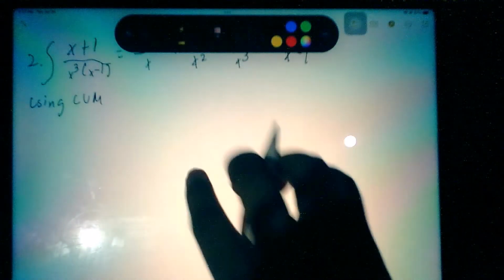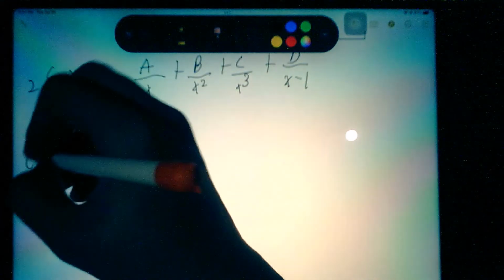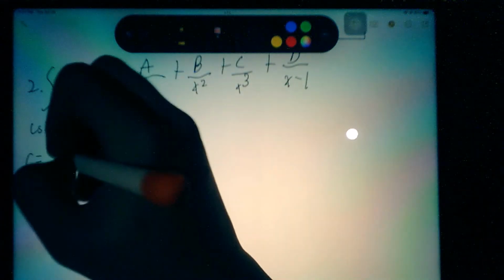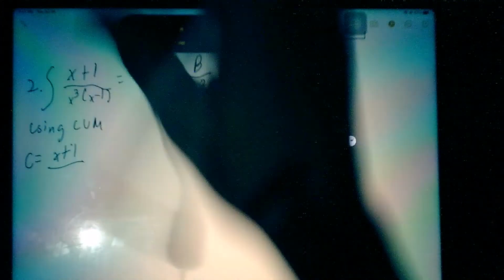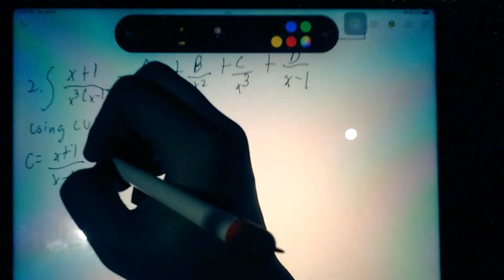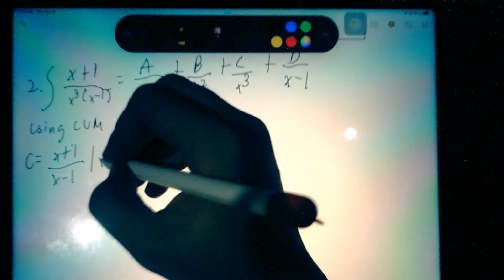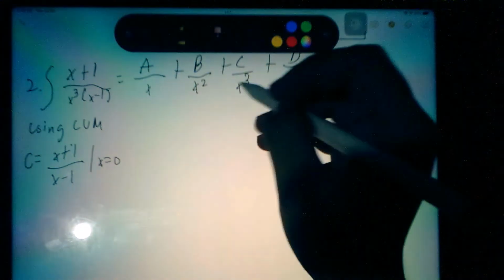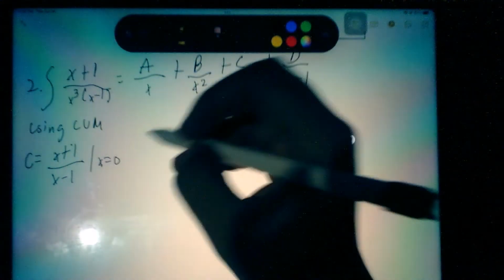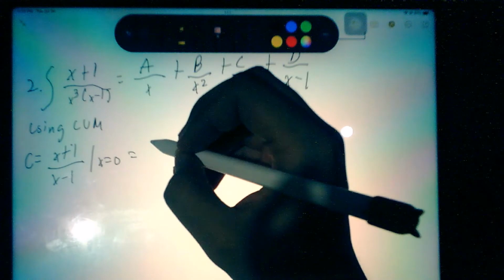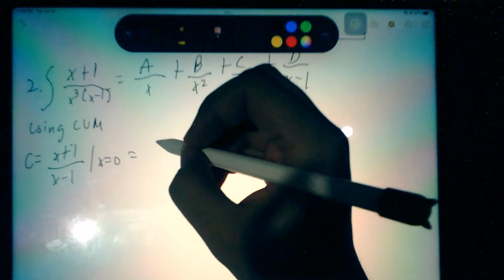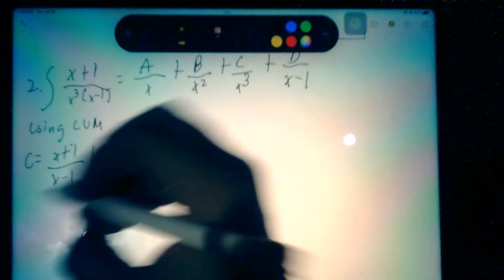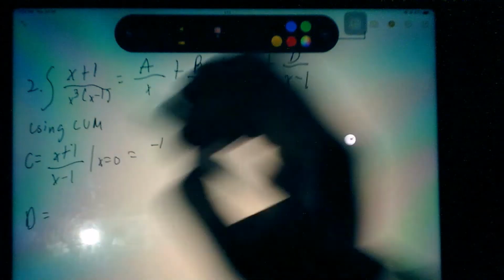okay, so cover up method, c here is equal to x plus 1. So we're covering x cubed here, x minus 1, and the value of that is just equal to 0. X here must be 0, so 0 is the best value there. So 1 over negative 1, just negative 1. So let's move on to the third, d here.